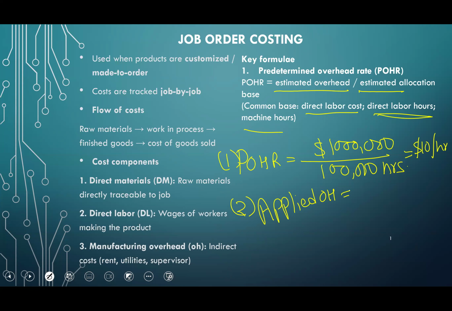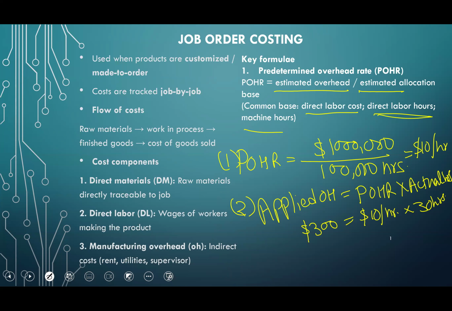We take this predetermined overhead rate of $10 an hour and we multiply it by the actual number of hours that he stayed. Suppose he stayed for 30 hours. Then we say we are going to give him an applied overhead bill of $300.